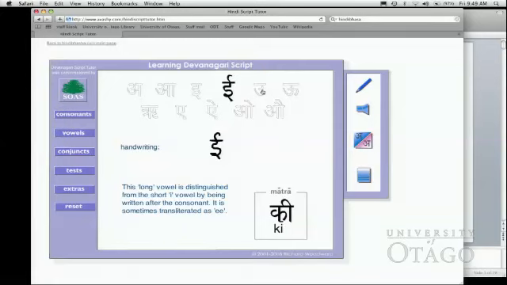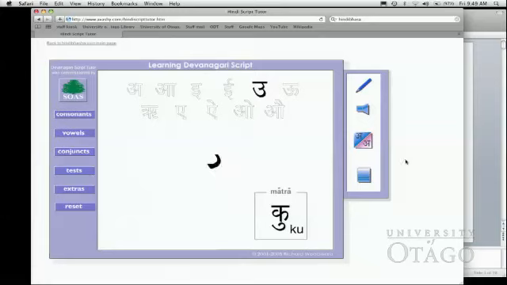The fifth one is this one. So see how to write it again. Pronounce together.